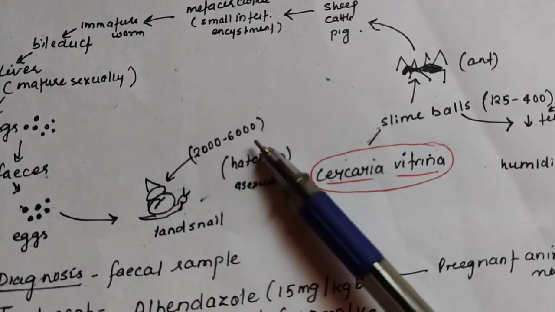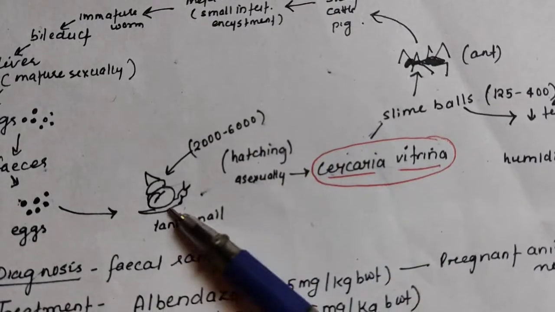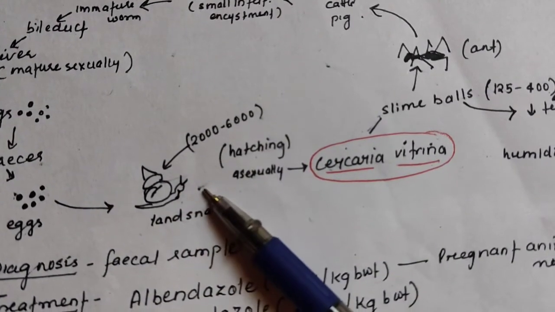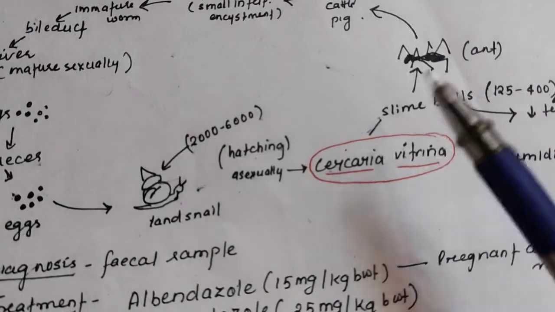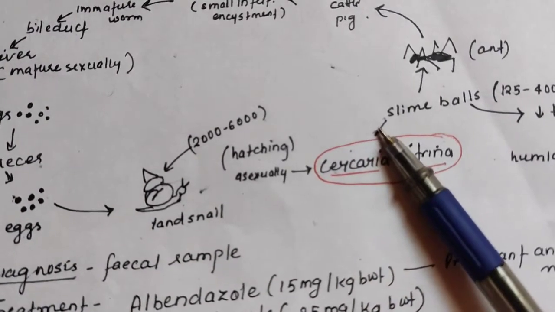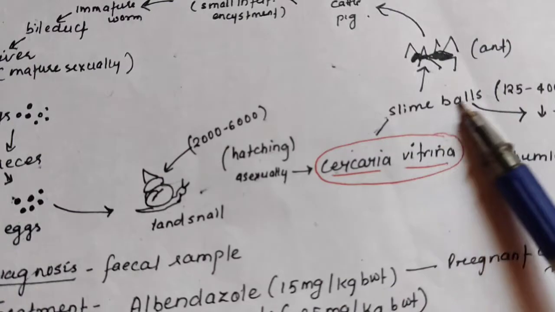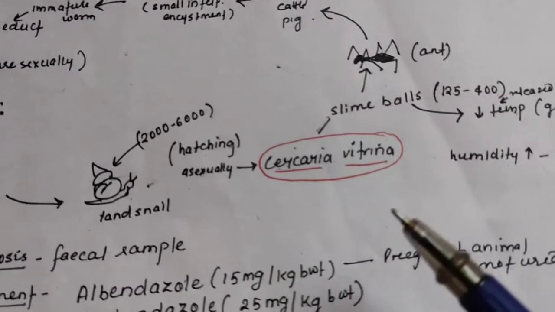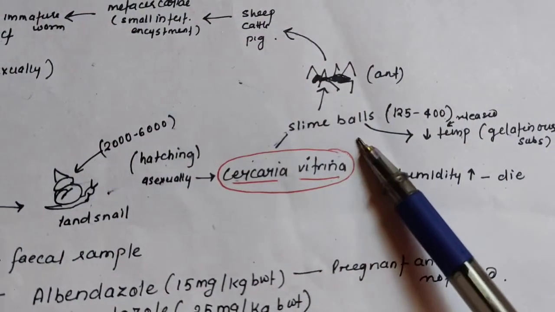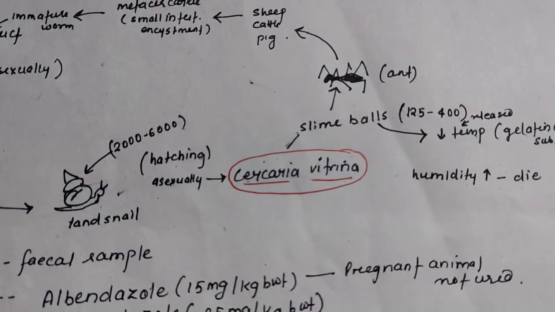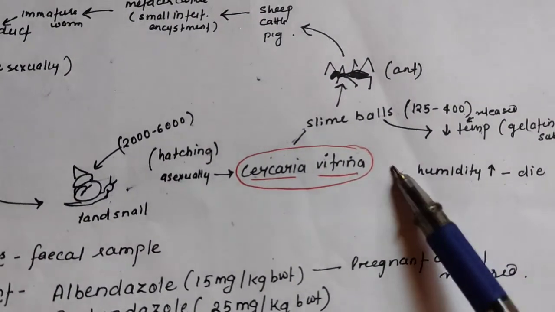About 2000 to 6000 cercariae are present in the mantle of this land snail, and these are then released from the mantle in the form of slime balls. What are slime balls? This question is also asked as a short answer type.